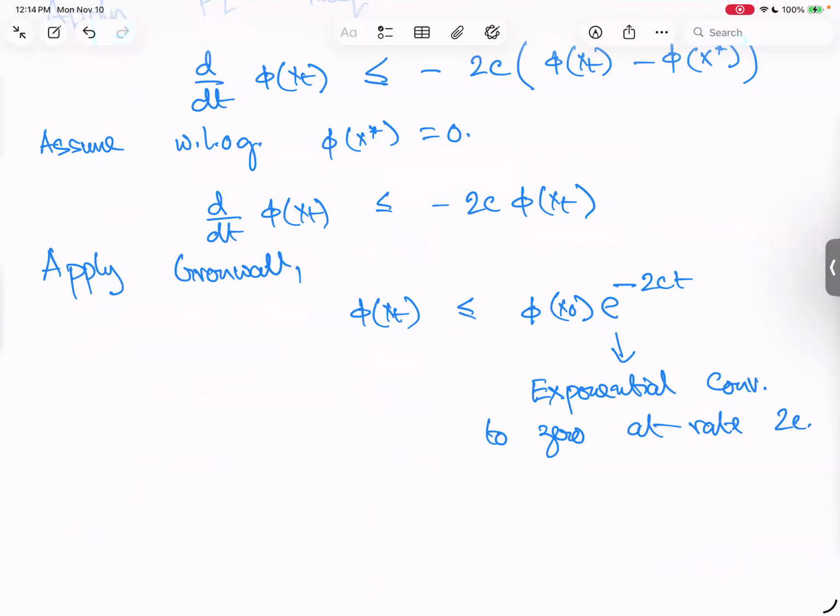So this is true for all functions on Hilbert spaces. The second fact, as I said, is that uniformly convex functions satisfy PL inequalities. So, proof of fact 2.